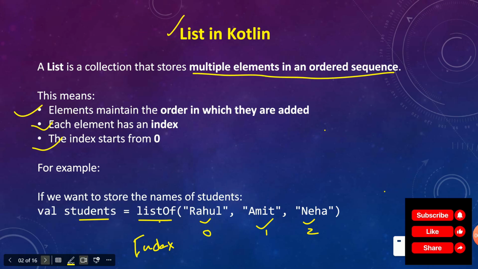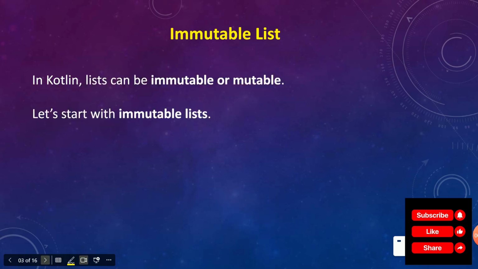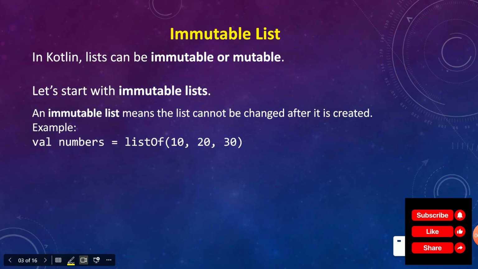Next is the immutable list. In Kotlin, a list can be immutable or mutable. Let's start with the immutable list. An immutable list means the list cannot be changed after it's created.